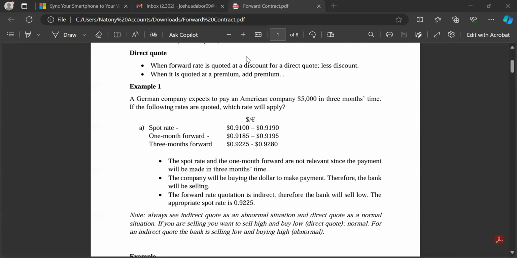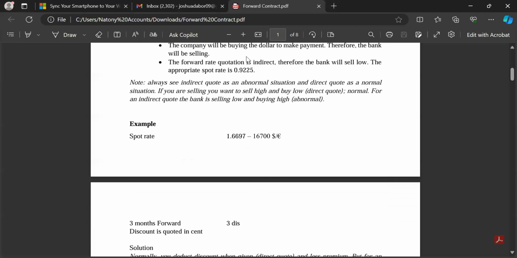Moving forward, a forward rate can be quoted at either a discount or a premium. If the forward rate is quoted at a discount, I normally advise students to look at the direct quote as the normal thing and the indirect quote as the abnormal situation.